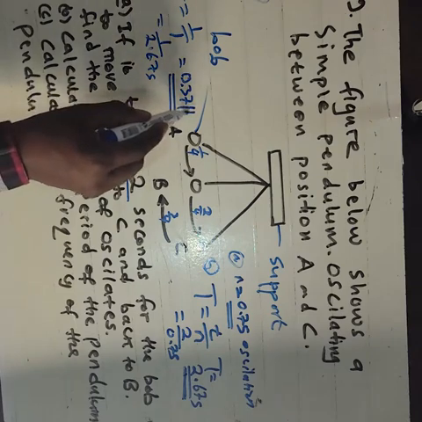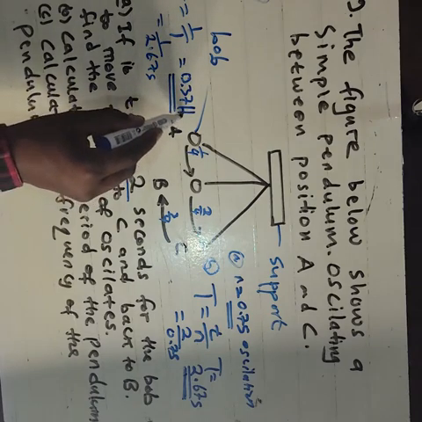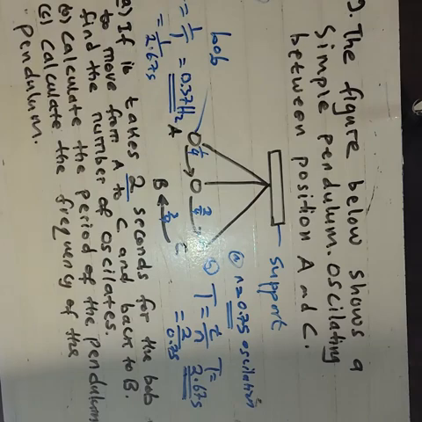It has to be in hertz, because the unit for frequency is hertz. Never should you forget. So we have just divided 1 by the period, which is 2.67 seconds, giving us 0.37 hertz.